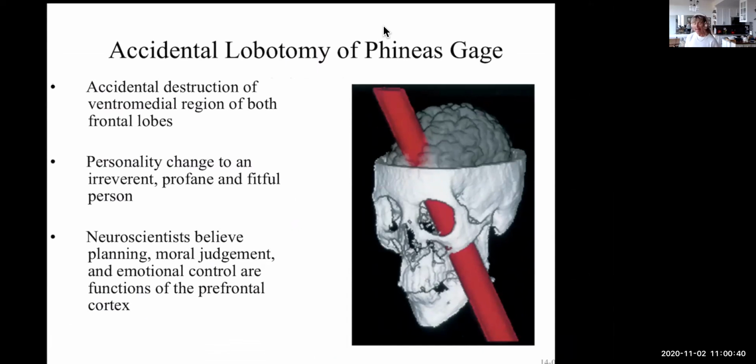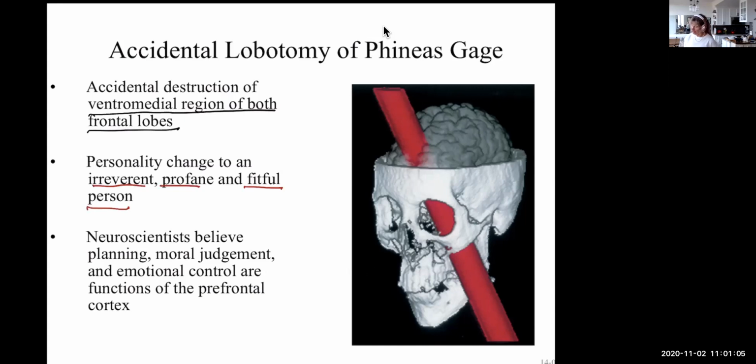Before that happened, he was a very calm, kind of normal, very polite individual. And afterwards, it destroyed the ventromedial region of both the frontal lobes, and his personality changed. He became very irreverent, he swore a lot, he became very restless.